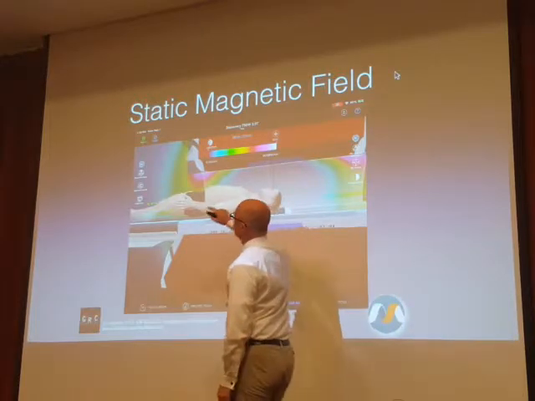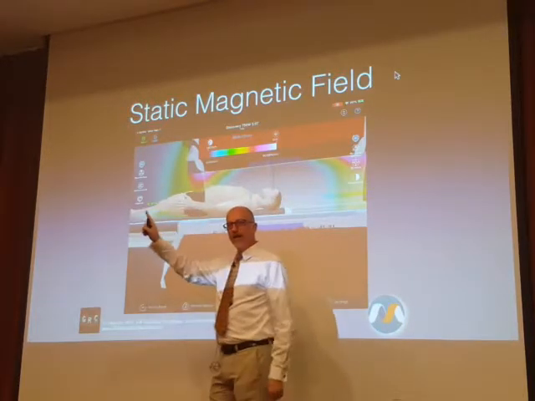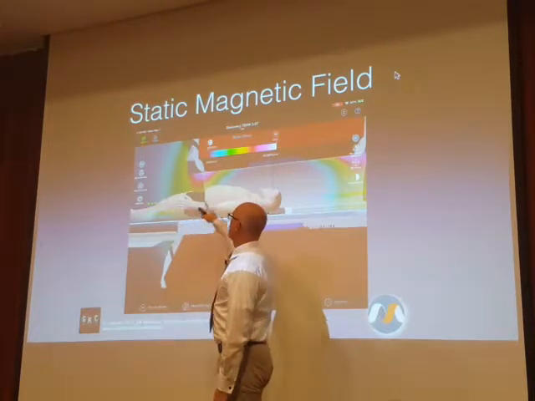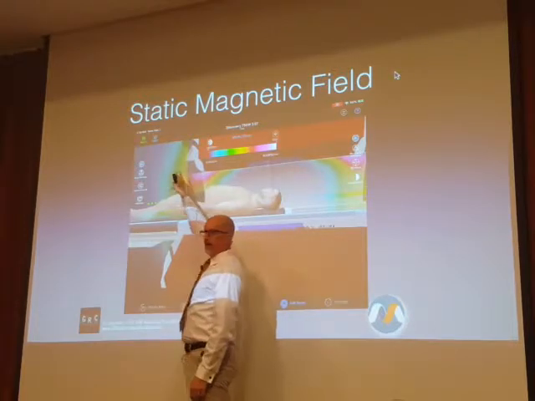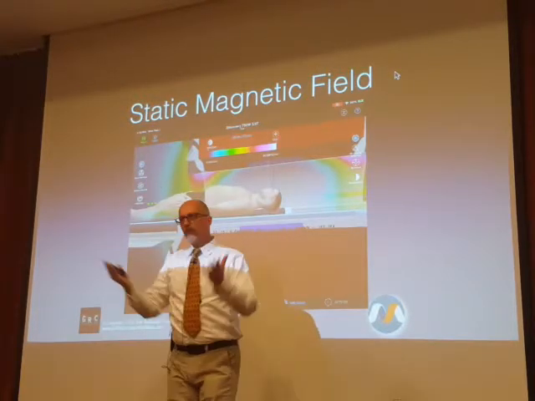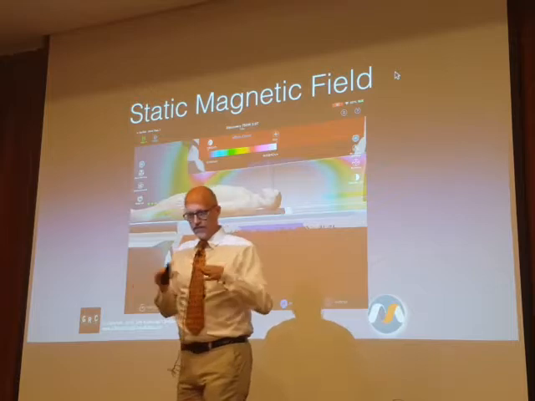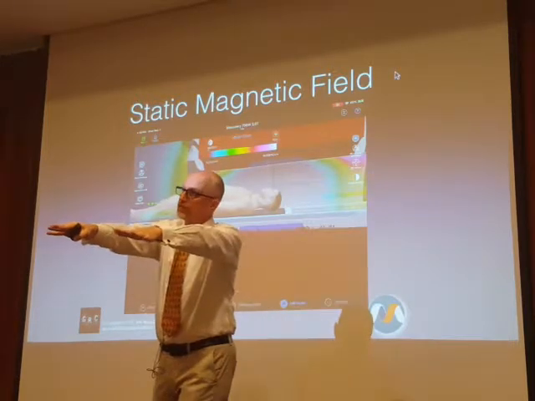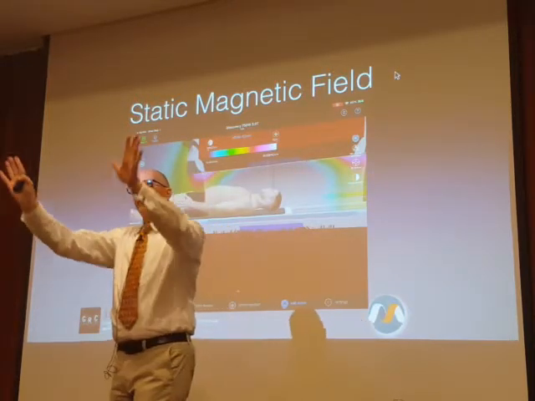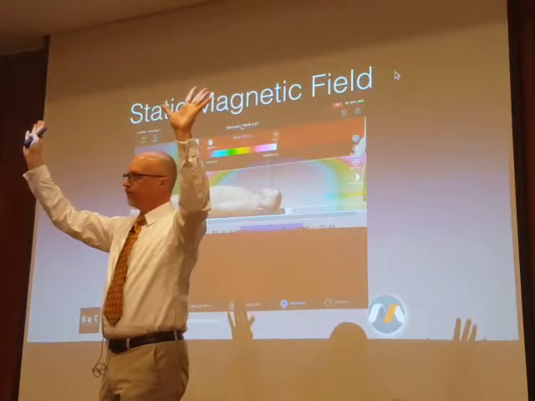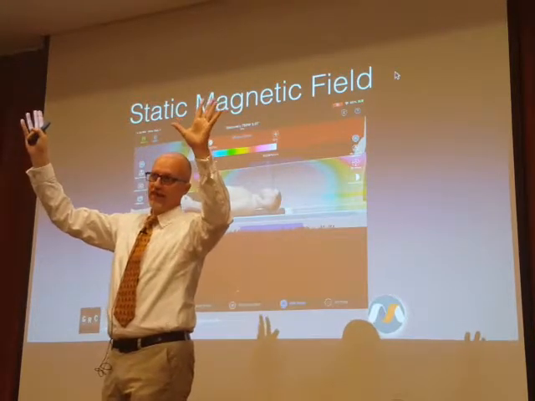Spatial gradients for bore format magnets almost always are greatest at the mouth of the bore, where the horizontal tube tapers into the front face of the magnet.